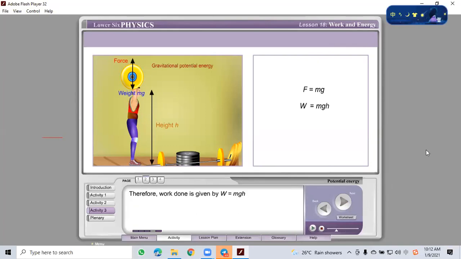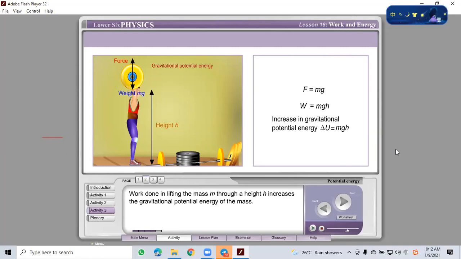Therefore, work done is given by W equals mgh. Work done in lifting the mass m through a height h increases the gravitational potential energy of the mass. Therefore, the increase in gravitational potential energy ΔU equals mgh.